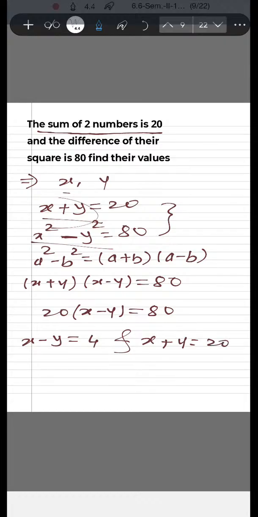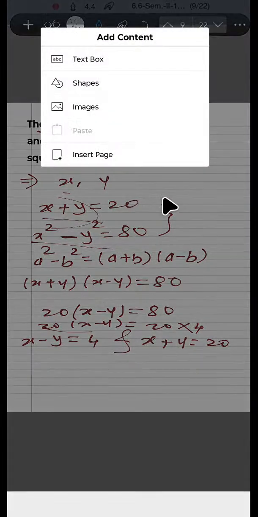How did I write that? Simply by expressing that 80 divided by 20 gives 4. So x plus y is 20, and x minus y I have taken as 4. Okay, so two equations are here.